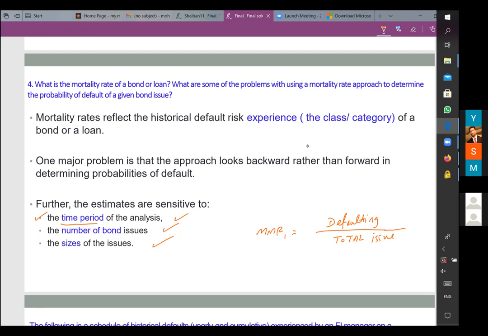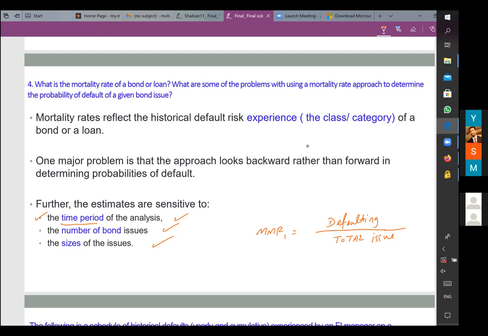If I'm going to take Triple C and there is only a small number of bonds issued in that class, then it may not give me the right indication if we have so many of them in AAA.